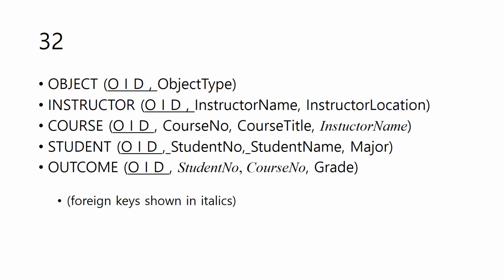And student table: OID, student number, student name, major. Outcome table: OID, student number, course ID, which must be foreign keys, and grade. Foreign keys shown in italics.